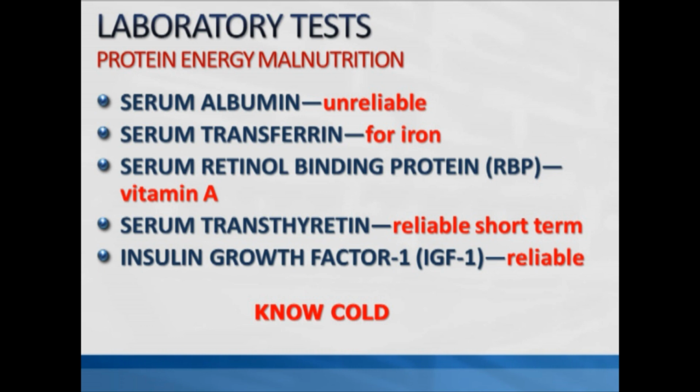Now, serum transferrin is a pretty good indicator for iron. It has a tendency to increase in order to grab as many iron atoms as it potentially can. So when the iron reserves are low, serum transferrin will tend to increase.